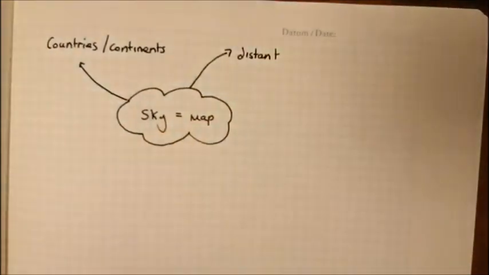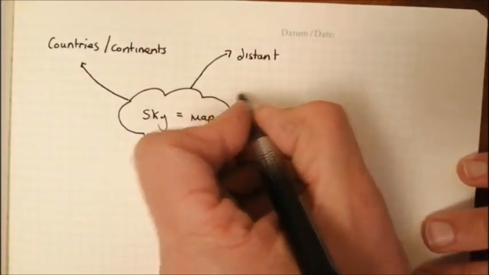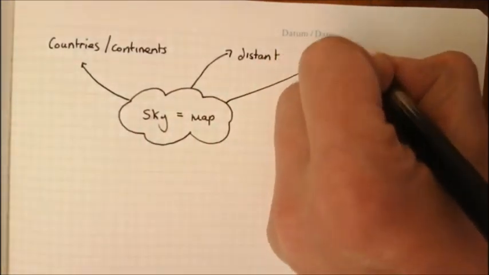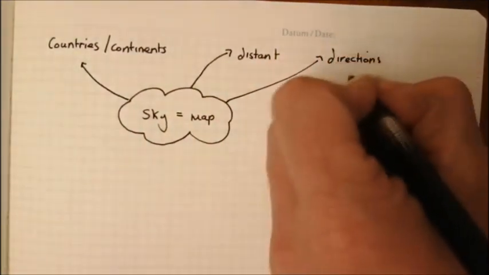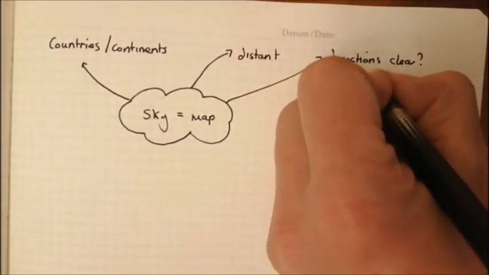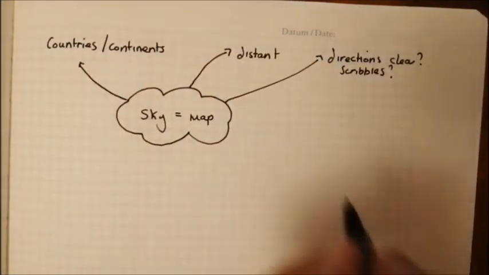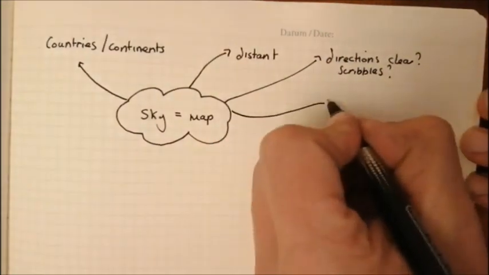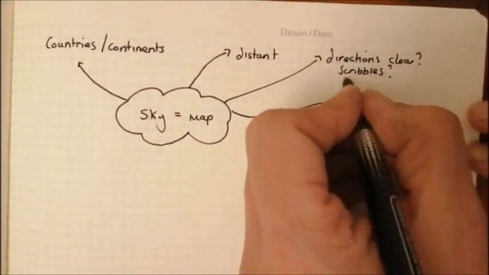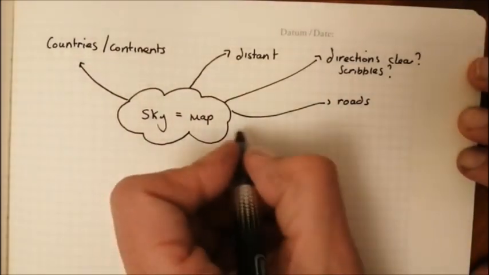But it also, to me, kind of doesn't look clear. Are the directions clear? Or are they scribbles? Is this a well-drawn map? So we've got those roads that could take us somewhere useful, but again, they could be scribbles, they could be nothingness.